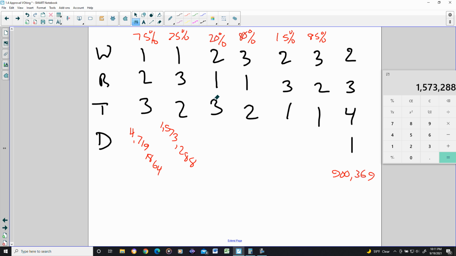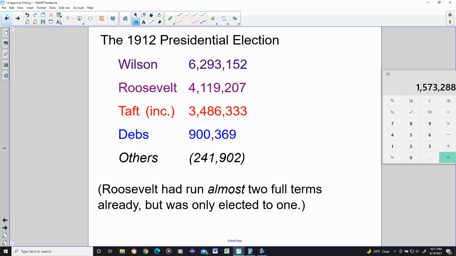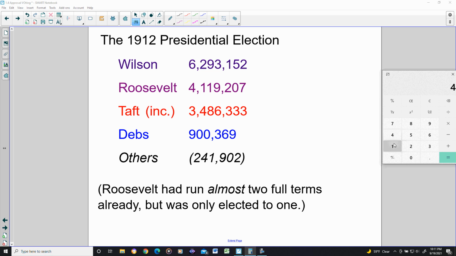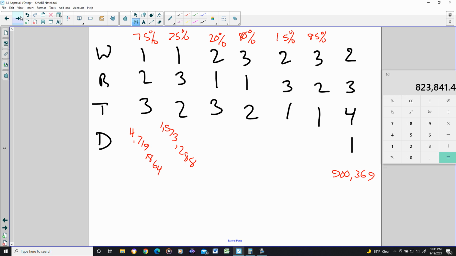So we want 20% of Roosevelt's voters, 80% of Roosevelt's voters. Okay, so let's do that. 0.2 times 4,119,207, and that's 823,841. Now, it is a decimal. We can round it to the nearest whole person here.